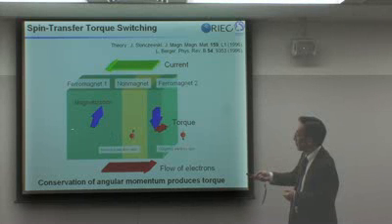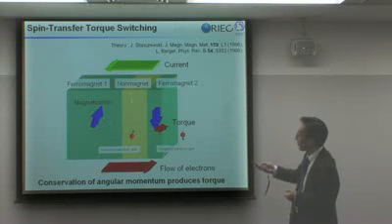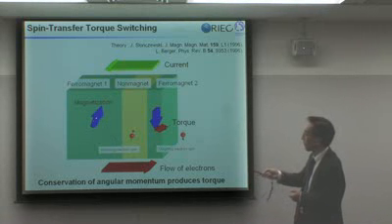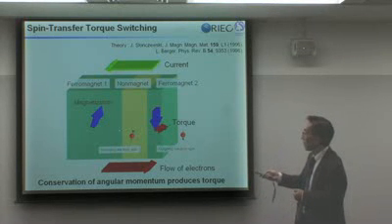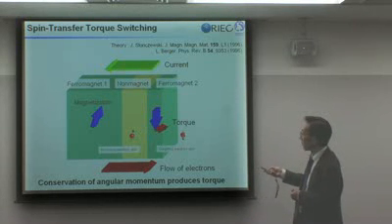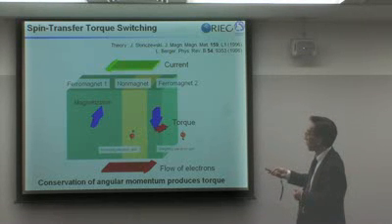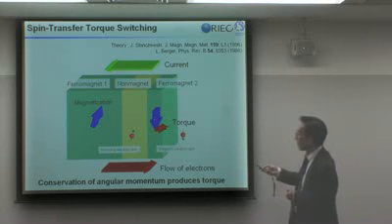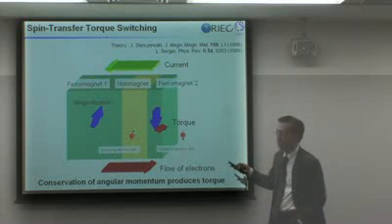Your input electrons have the same orientation as this one. This is your insulator, this is your first magnet, and this is your second magnet. When the electrons pass through the second magnet, they change their spin orientation according to the magnetization you have here.